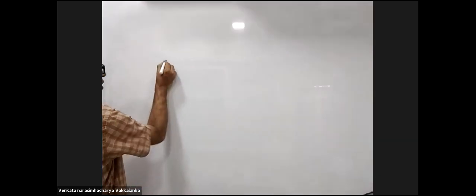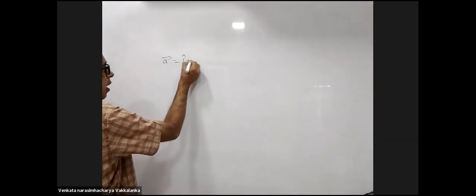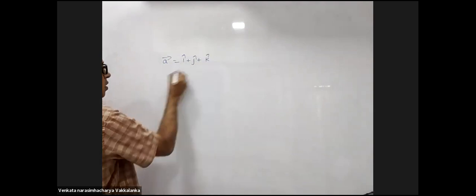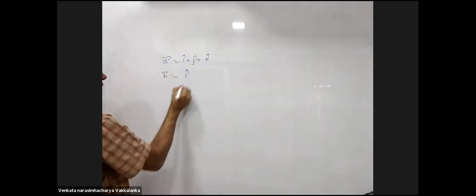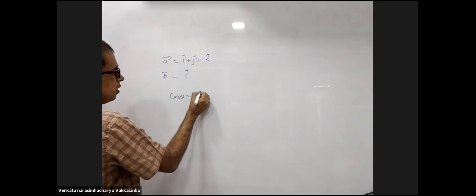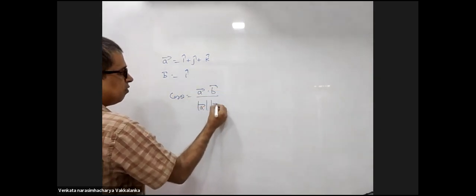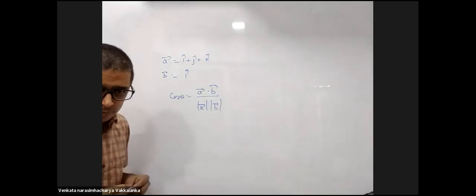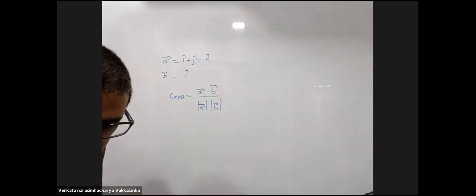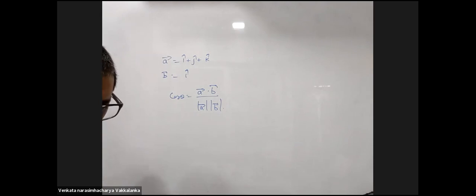Third question: what is the angle between I cap plus J cap plus K cap and I cap, right? Yes, sir. Cos theta: you write A as I cap plus J cap plus K cap, B is I cap. Cos theta is A dot B divided by magnitude of A and B. Tell me where you got stuck. Yes, sir. I just wanted to know exactly what is given. So that's it, sir. Thank you.